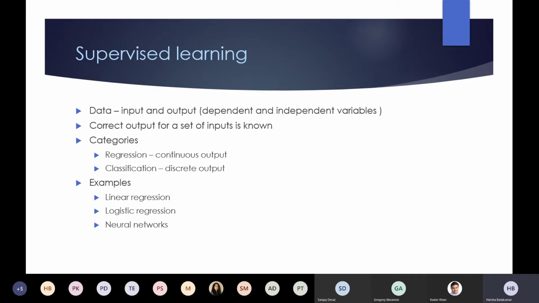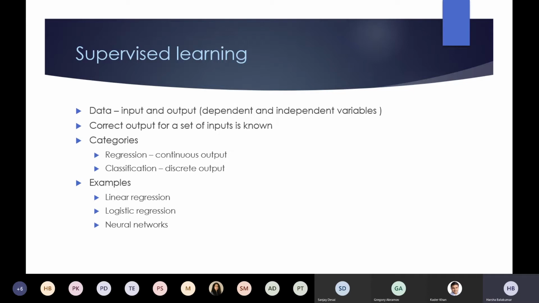We have data which has these parameters defined. So what the data conveys is there is a correct output for a set of inputs known. For example, like what we saw last time when we discussed the housing price, for a particular area of the house, or the built up area of the house, we have a price. So we know that for this area, this is the price. We don't have it for all the area points, but we have for quite a few.